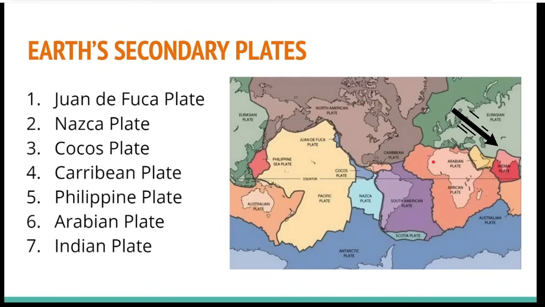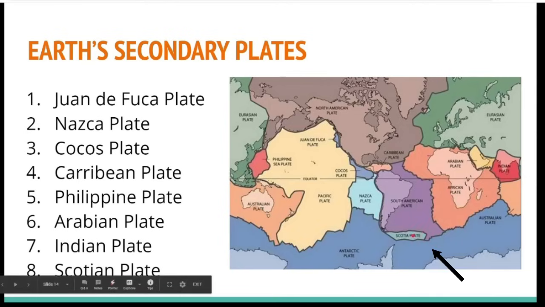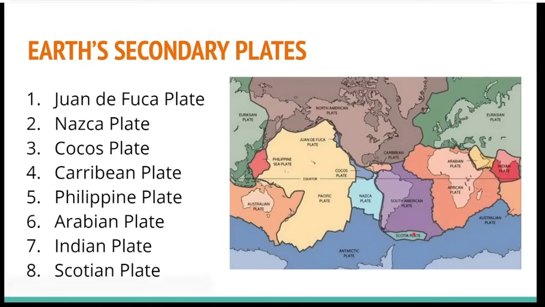Indian Plate. And Scotian Plate. See, they are very easy to find because you can distinguish primary plates from secondary plates by their sizes.